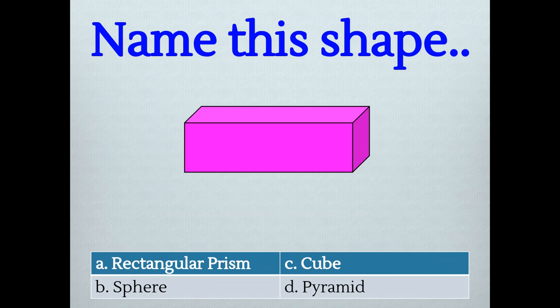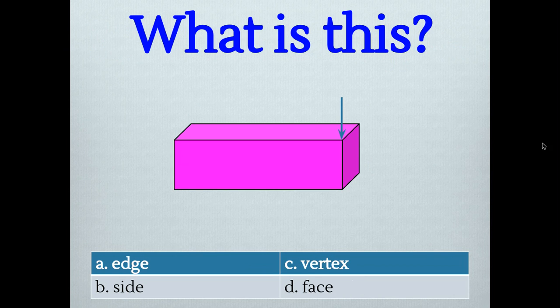Name this shape. A, rectangular prism, B, sphere, C, cube, or D, pyramid. If you said A, rectangular prism, then you are correct. What is this?